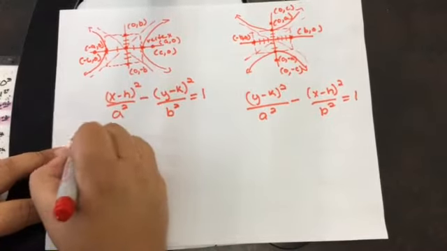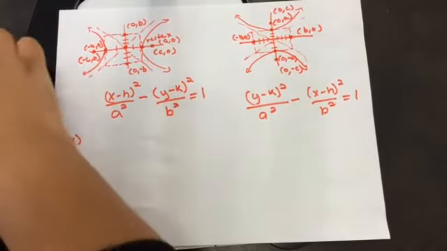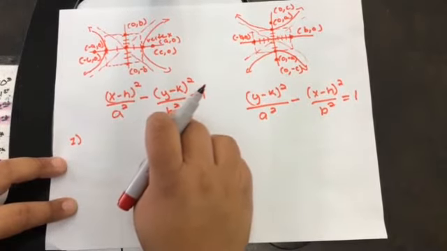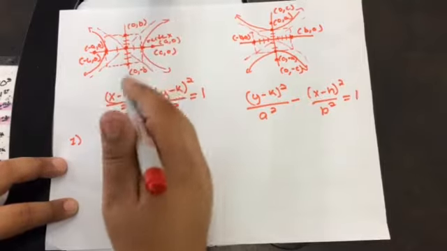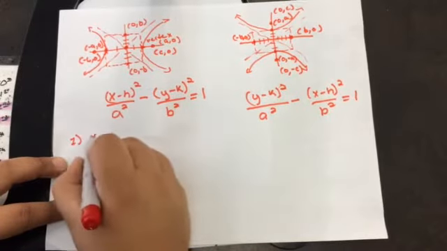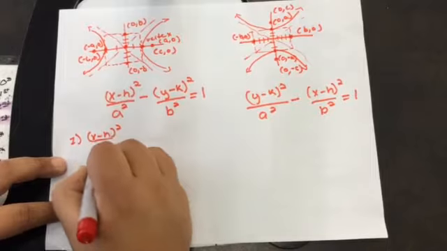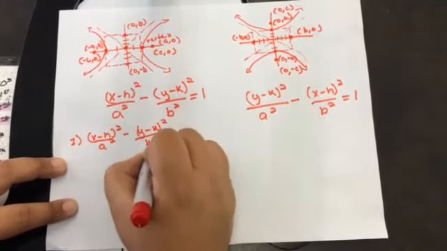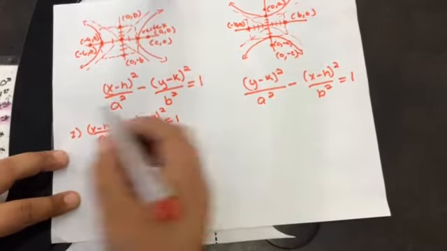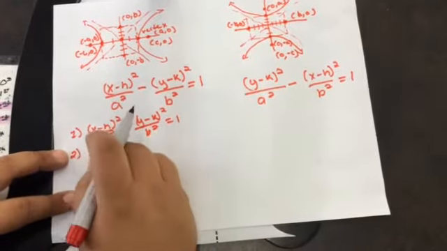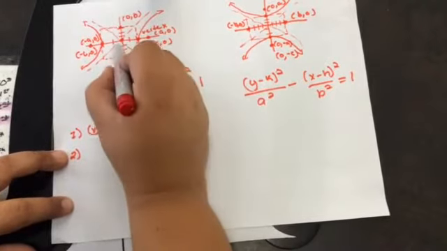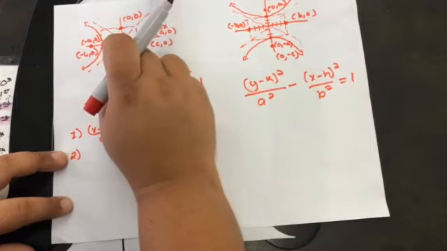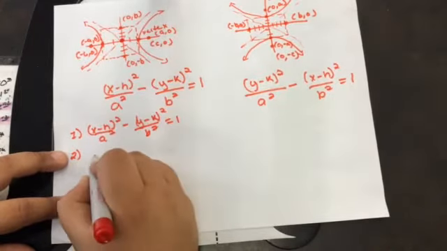The first thing you need to do is identify the form of the equation. We're doing this one, so we know that this is the form of the equation because it opens horizontally. For part 2, you need to identify the center and the vertices. Well, here, the center is at 0, 0.